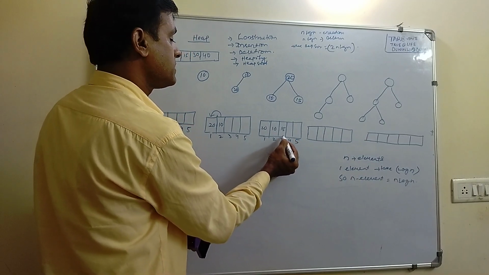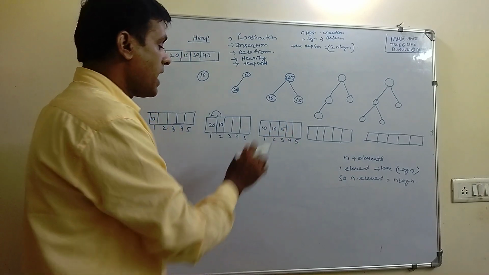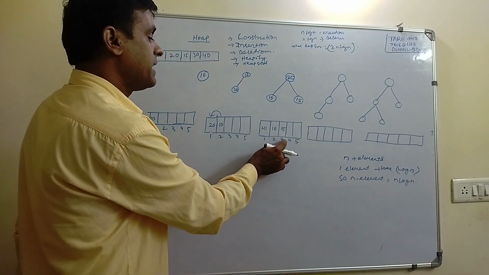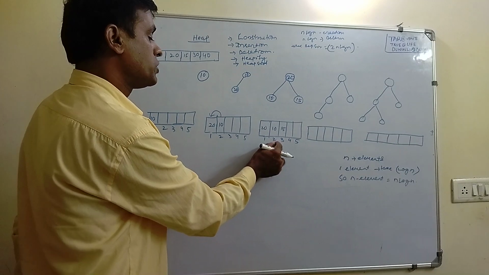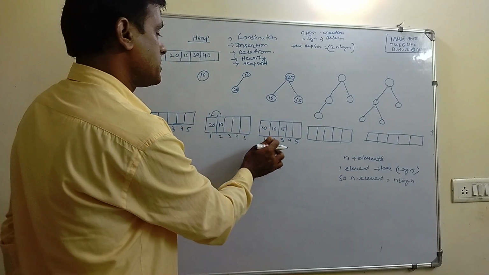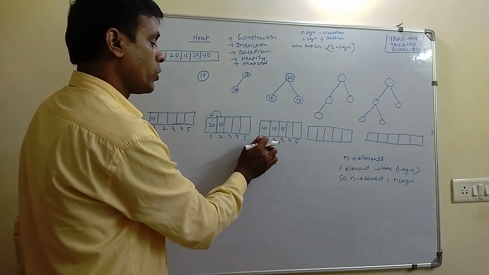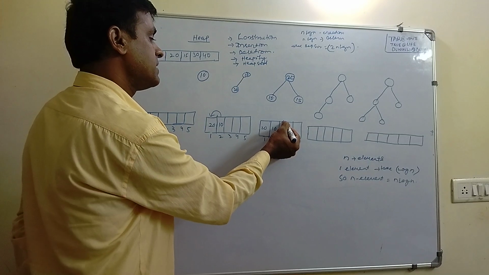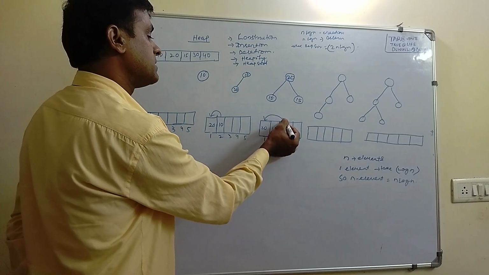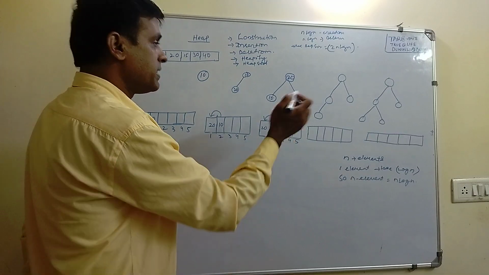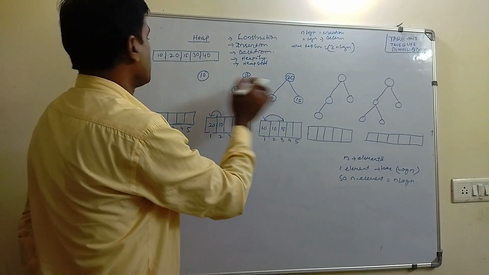The third index is the element you have inputted, and you have to check this element with its parent. Its parent is at the 3 by 2 position, taking the floor value, that is position 1. You check whether it is greater or less than its parent. If it is less than its parent, there is no need to do anything. Then we will input it like this.